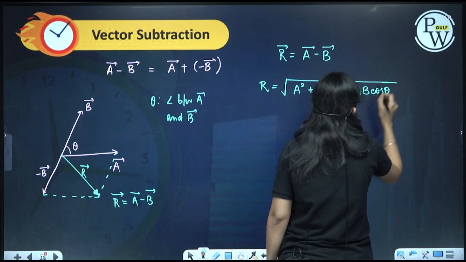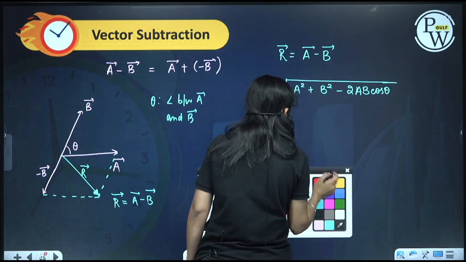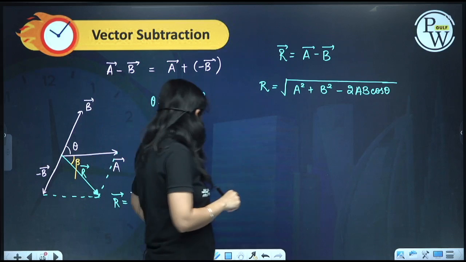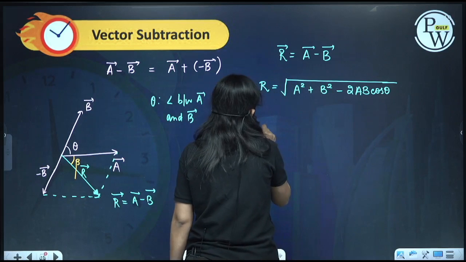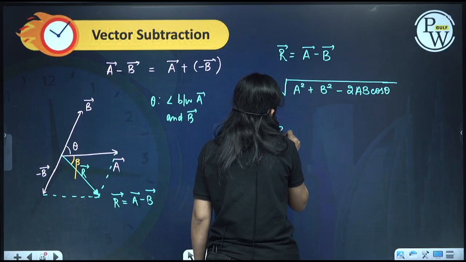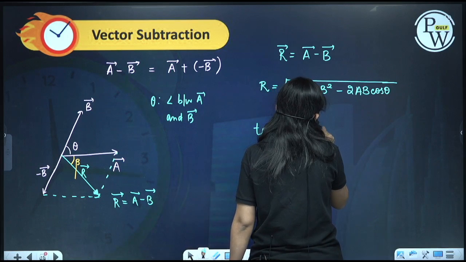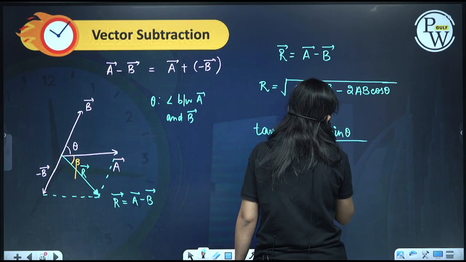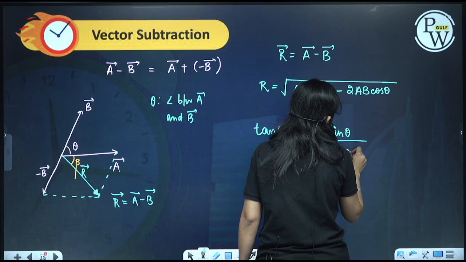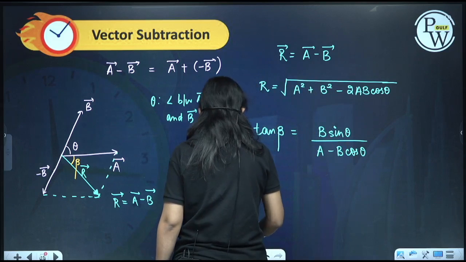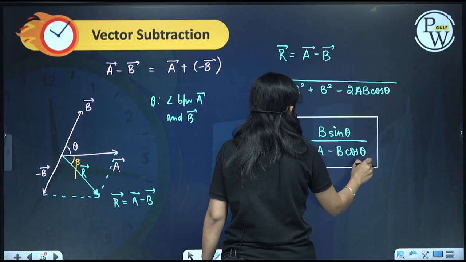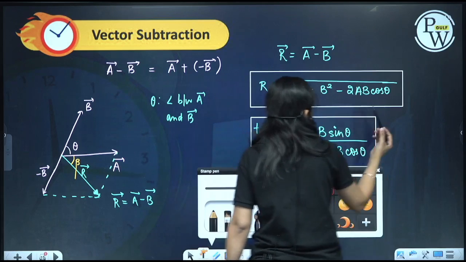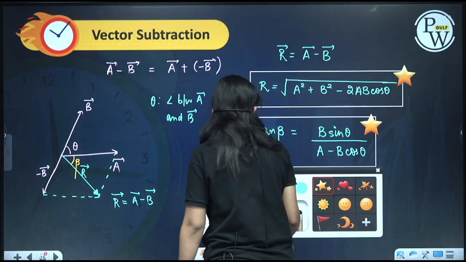And the angle beta which this resultant makes with A: tan beta will be equal to B sin theta divided by A minus B cos theta. So this is the magnitude of the resultant and this is the direction of our resultant.